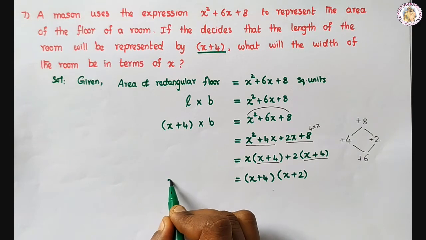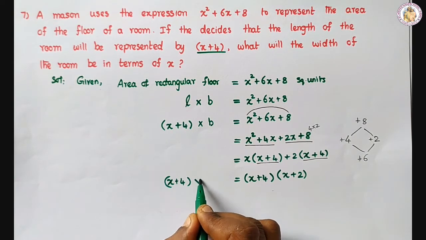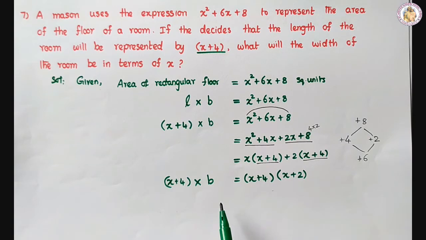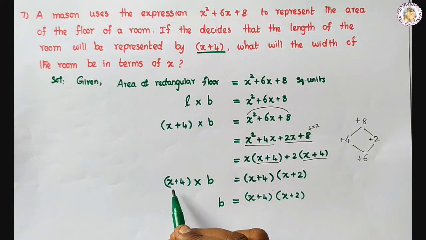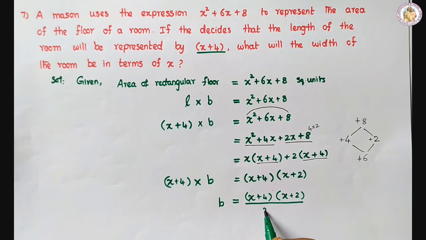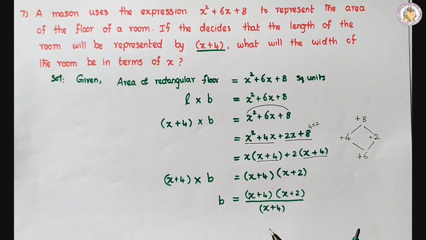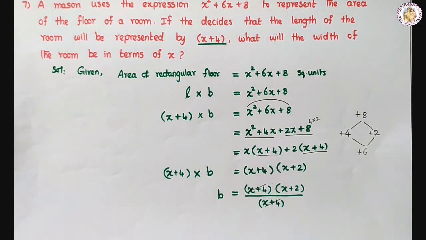It is x plus 4 into b. Now we want to find the breadth, so b equals x plus 2 into x plus 4 divided by x plus 4. Here x plus 4 is in multiplication; bringing it to this side means it becomes division. What's the next step? Cancellation. So x plus 4 is cancelled. Remaining is x plus 2, that is the breadth of the room.